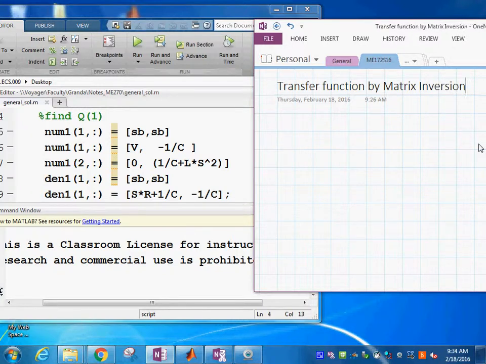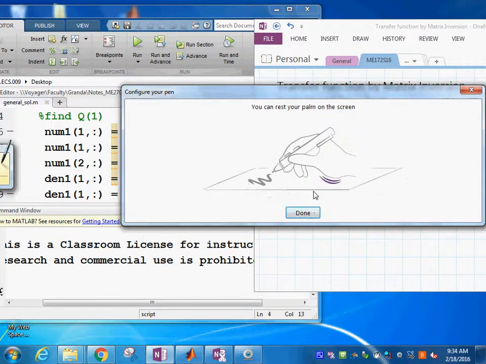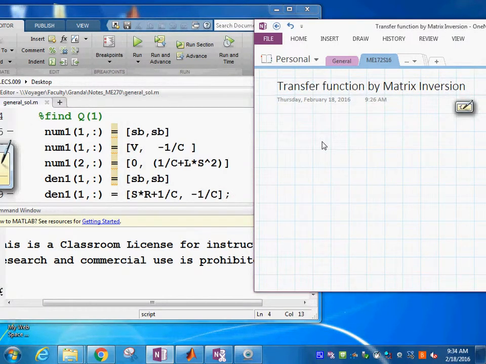In here you have this matrix like this. This thing is saying define the first row. When you see it like this, it says do number 1 and then whatever follows. So this is V like this, and this will be minus 1 over C.